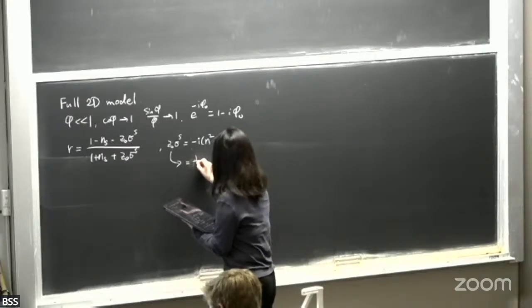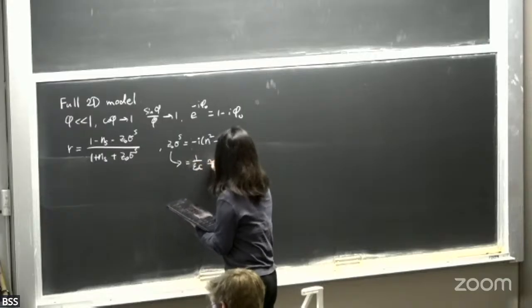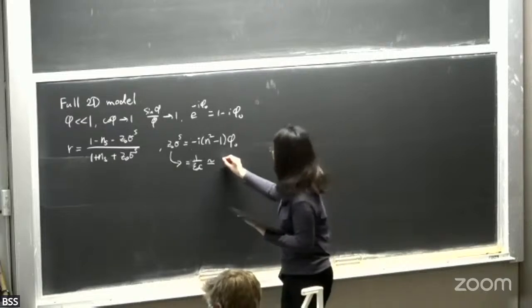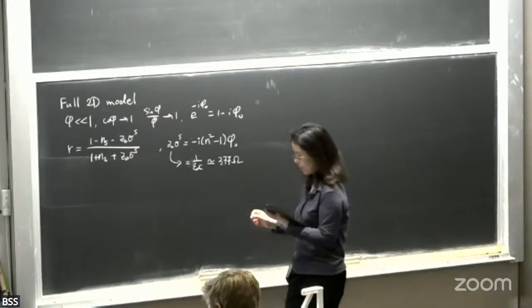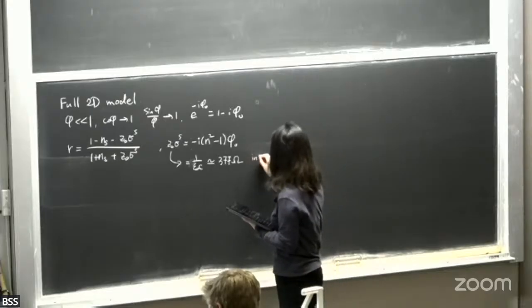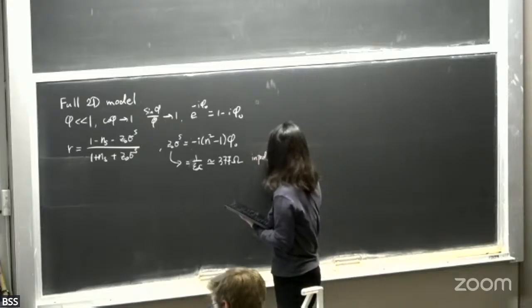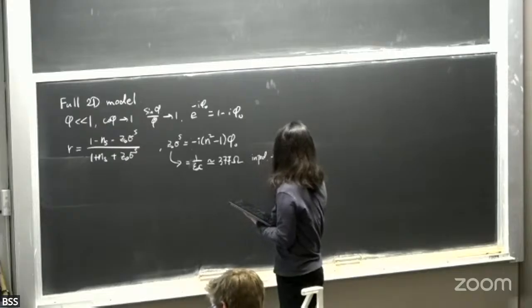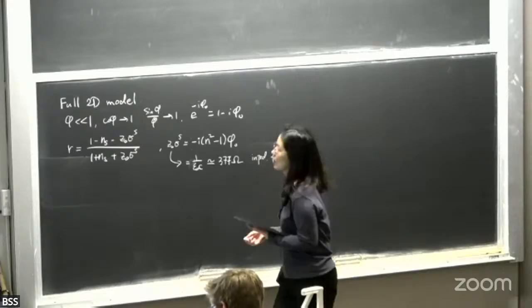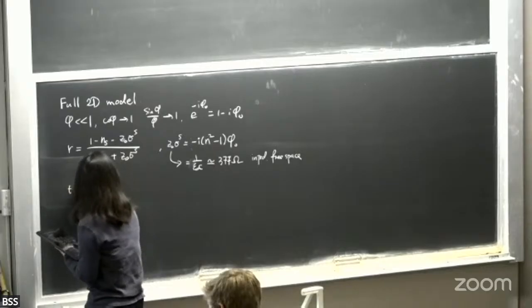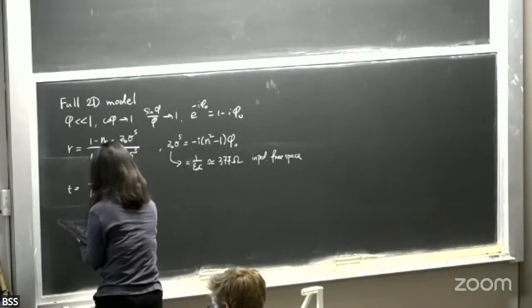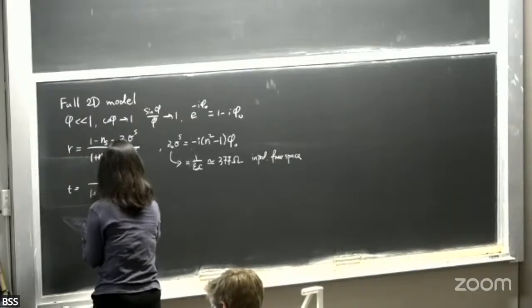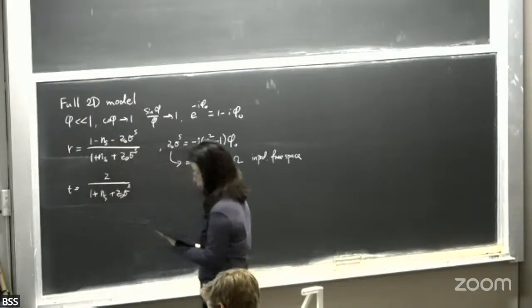So it's 1 over epsilon naught c. And in terms of value, it's 377 ohms. Okay. And we can write down the same thing for T. It's 2 over 1 plus n_s plus Z0 sigma_s. Okay.